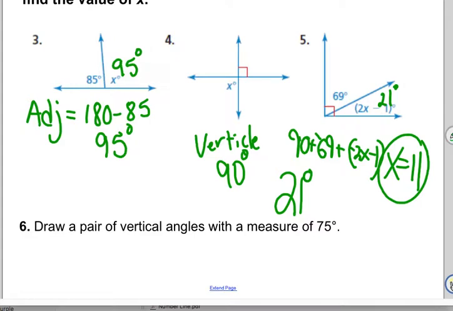X is 11, and if you plug it back in the original equation that it showed you, 2 times 11 is 22, minus 1 is 21. You are correct there, okay? His way of doing it may be a little bit unorthodox, but he's got it, he's right. Joey? I'm just confused.